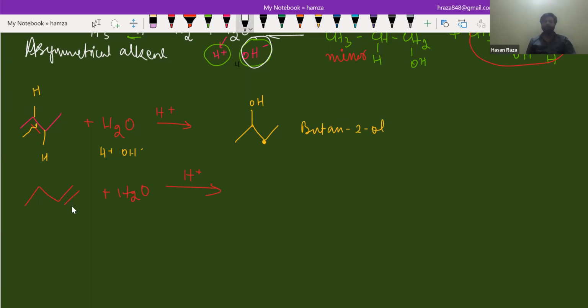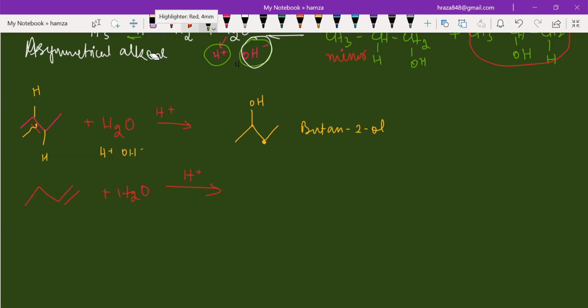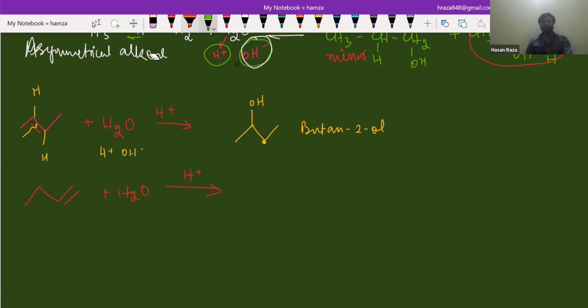And if you are going to see this, what about this? Can you name the product of this? You have a lot of confusion in butane triol. Are you saying that all three represent an alcohol group on the third carbon, right?